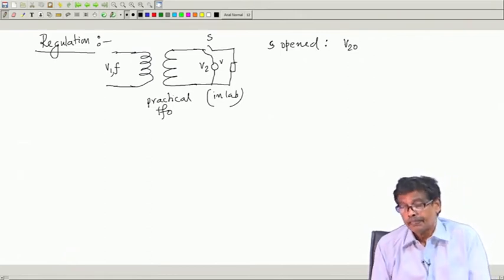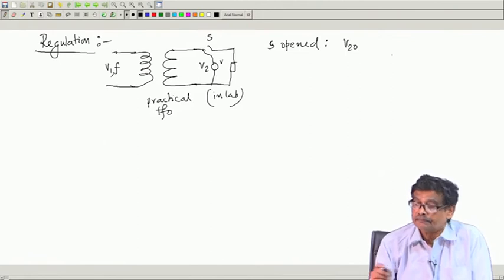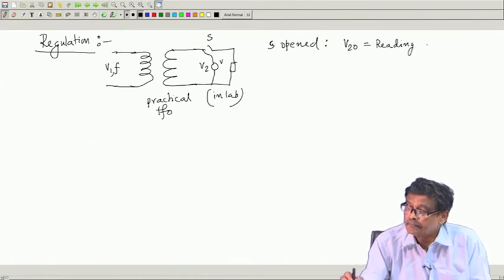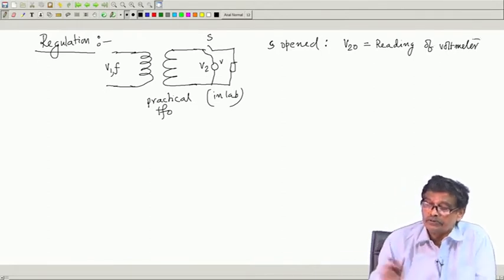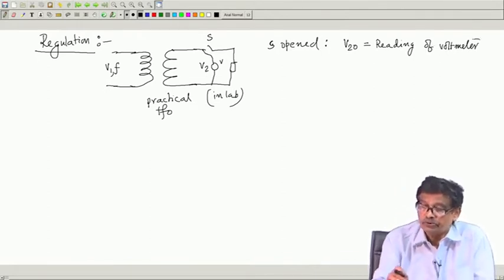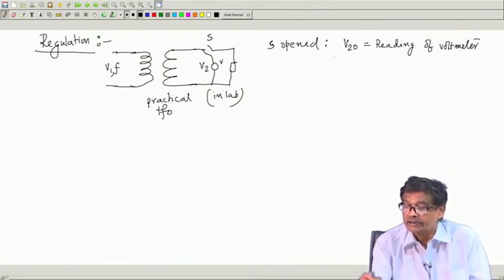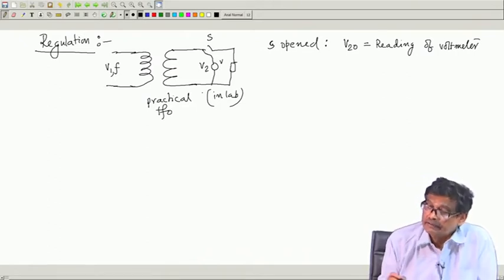Note down this reading, equal to the reading of the voltmeter, the magnitude of the voltage across the secondary. Here is the voltmeter connected.